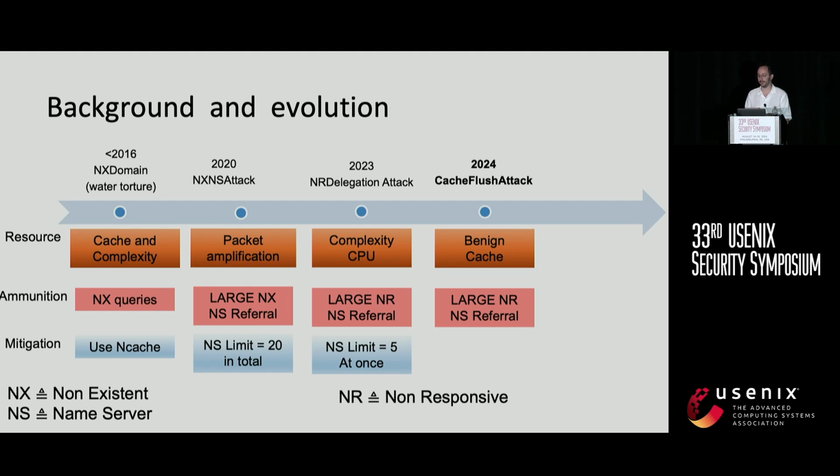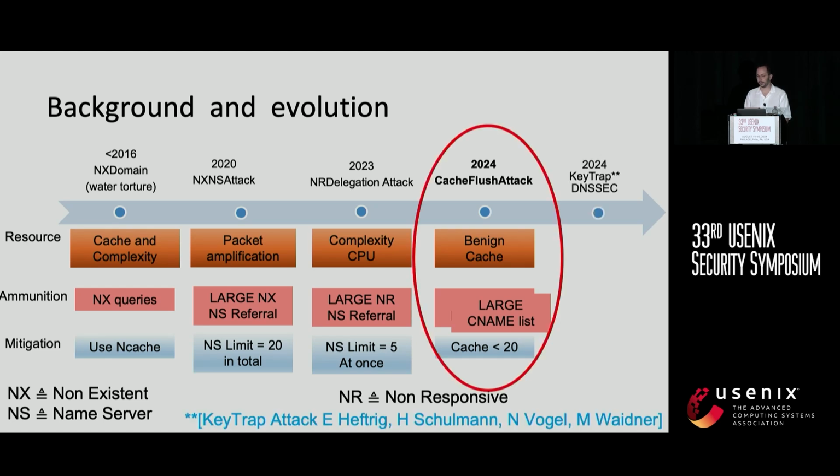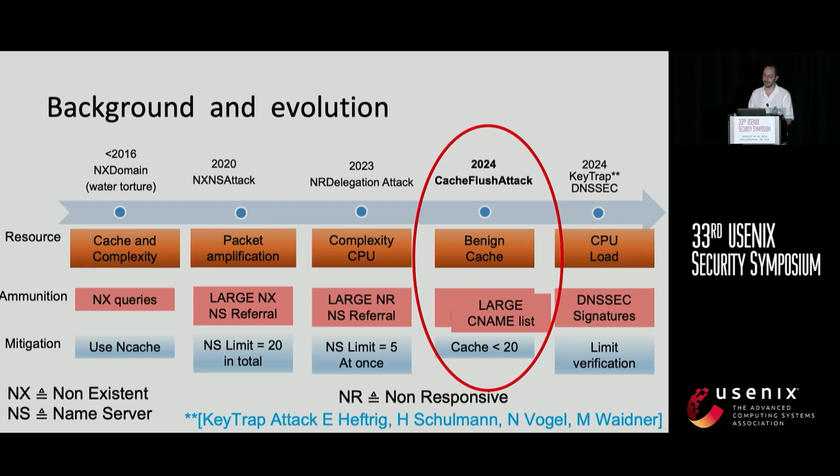In the paper, we use large NR, that was the example I just presented, and a large CNAME list. And the mitigation was just to cache only the first 20. This year, there was also the KeyTrap attack. It's a CPU complexity attack that used the DNS signature, and the mitigation was to limit the verification.